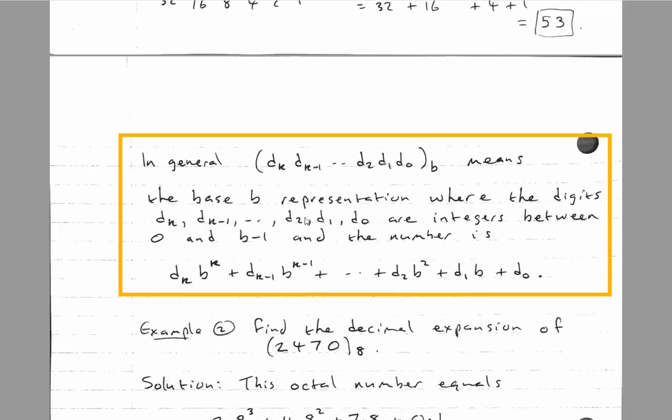So here's the general setup. We write a base B number like this. Parentheses with a subscript B, and inside are the digits d0, d1, d2, up to dk.